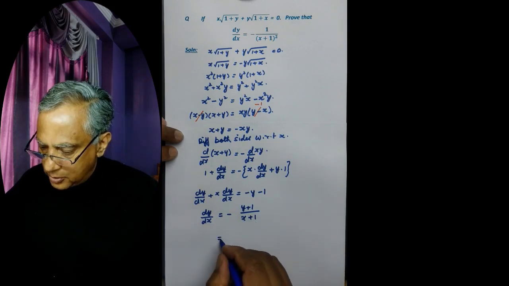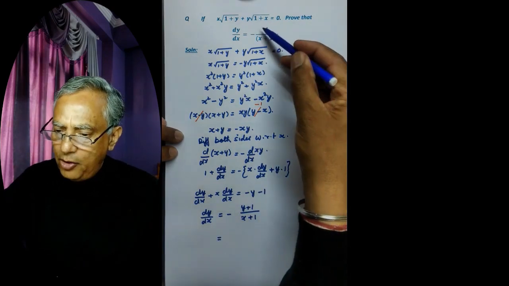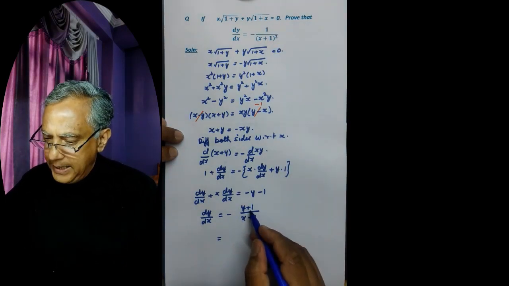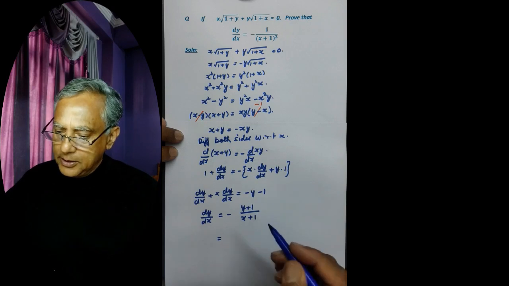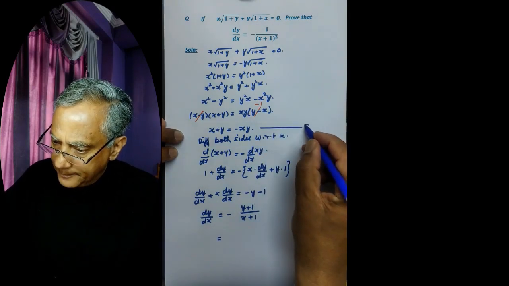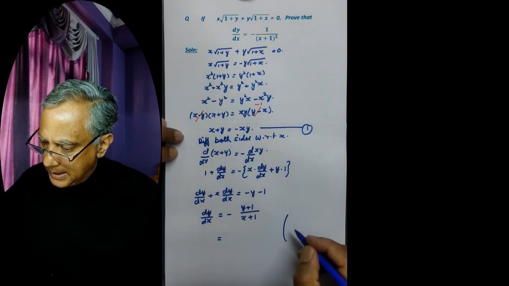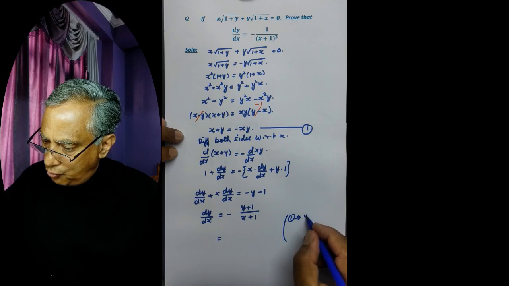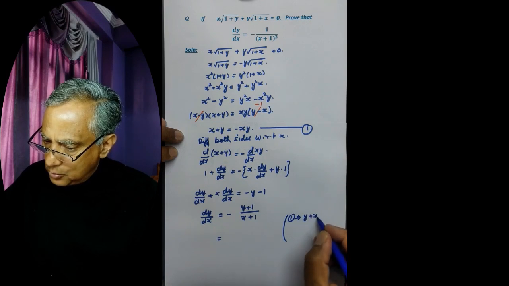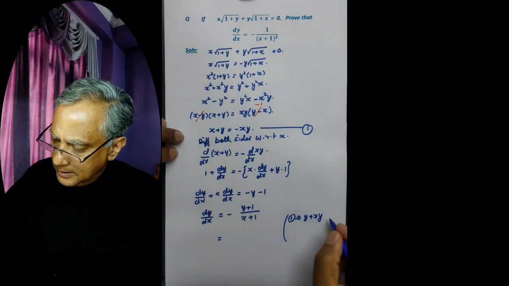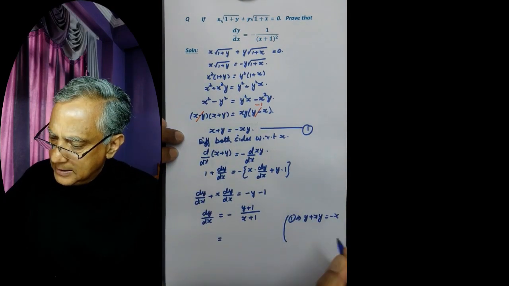So this is equal to, now the answer is in terms of x, so we will put the value of y in terms of x. So this equation is, say, 1. Now 1 implies y plus xy, I am taking this to the left hand side and this to the right hand side. This is minus x.